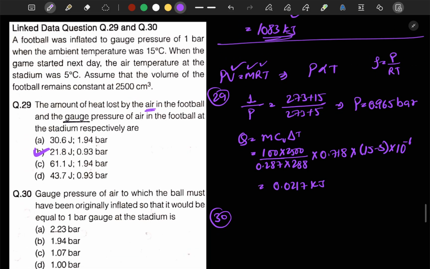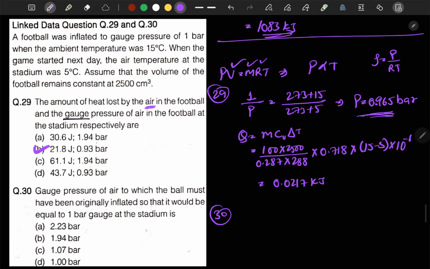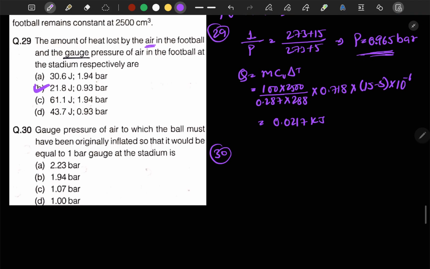Okay, so it asks what the original pressure should be, so that the final pressure on the next day was 1 bar, so we can calculate by the same relation.